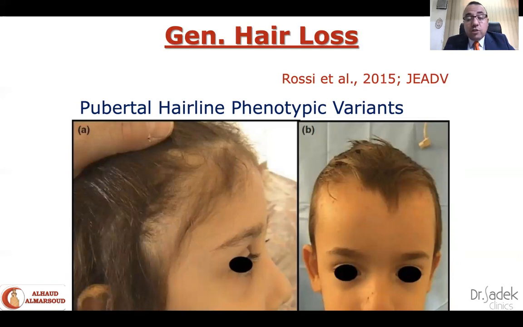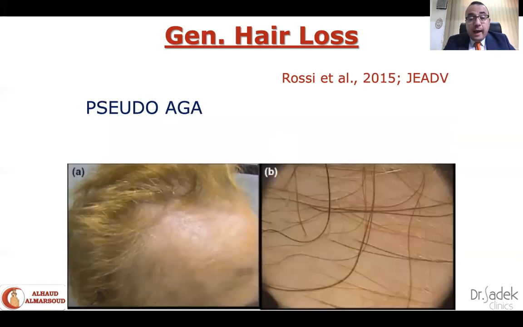I've been seeing such cases in increasing number, especially those with a strong family history of androgenetic alopecia manifesting in their father and mother. And the pseudo-androgenetic alopecia, where there is bitemporal regression with preservation of the anterior hairline, with the same dermoscopic findings as in cases of androgenetic alopecia.